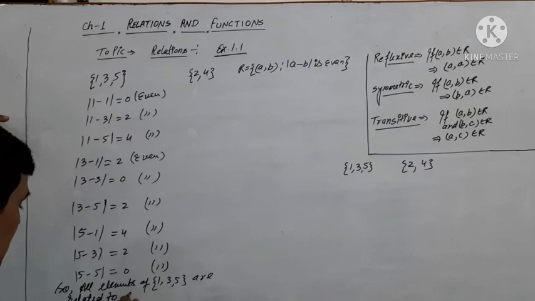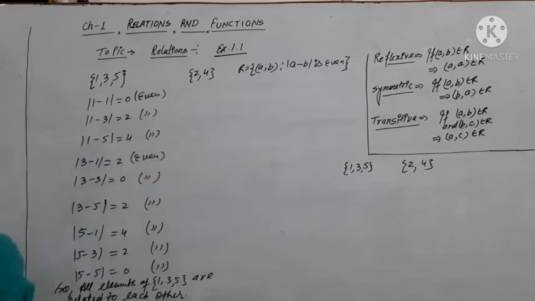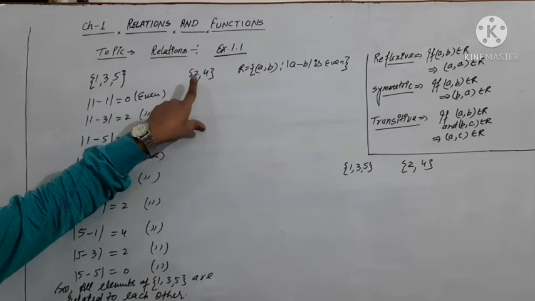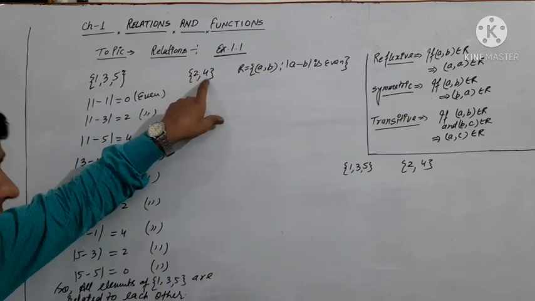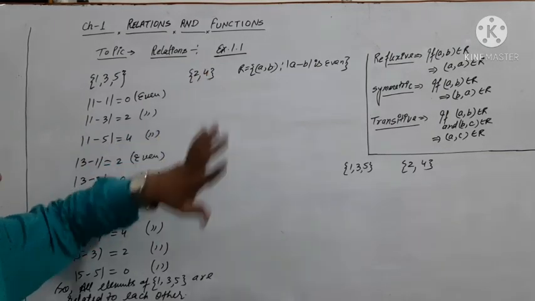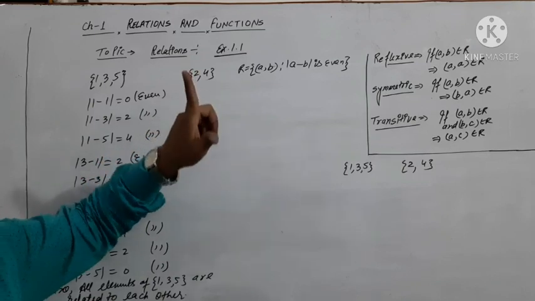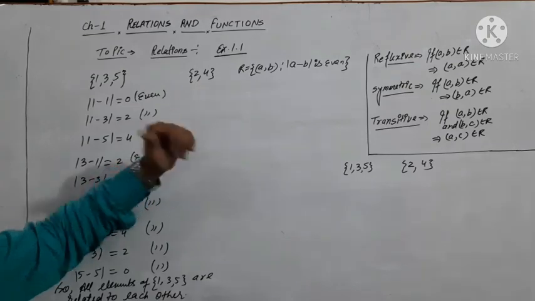Clear? Now we will check for this set, you can check it clearly. Just as we checked for this, see, for element 2: 2 minus 2 is 0, even number; 2 minus 4 is 2, even number. Now for 4: 4 minus 2 is 2, even number; 4 minus 4 is 0, also even. So all elements of this set are related to each other.